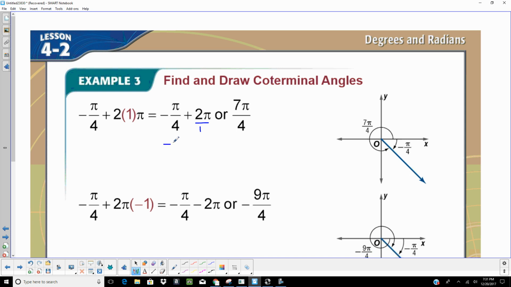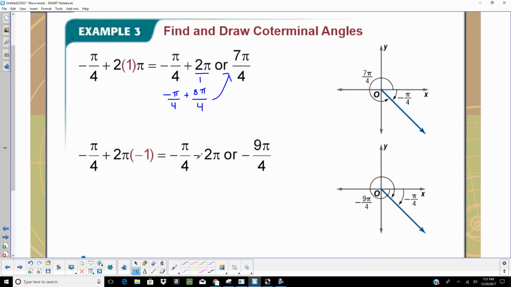So I'm still going to have negative pi over 4. Multiply that 2 pi by 4 and I get 8 pi over 4. And that is where the 7 pi over 4 comes from.